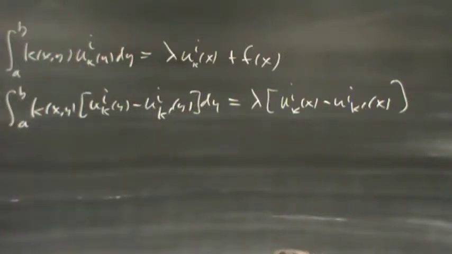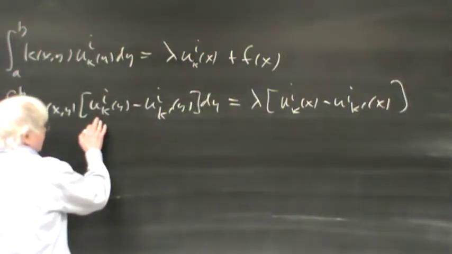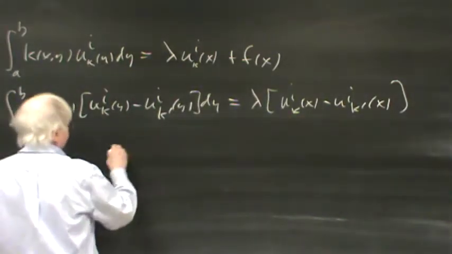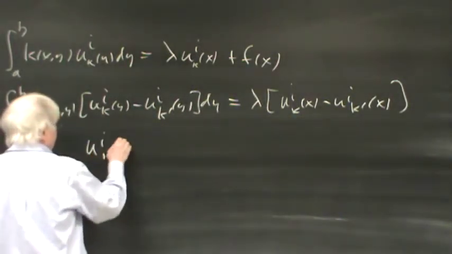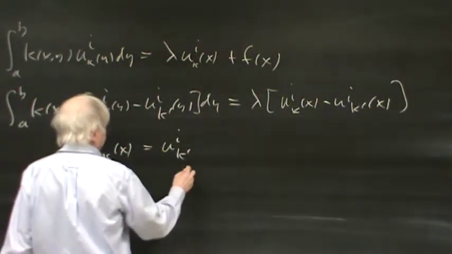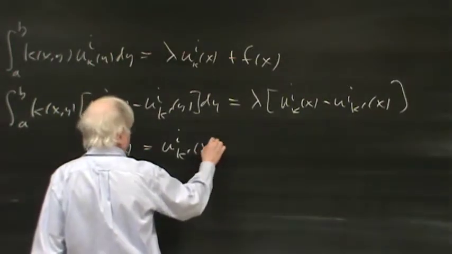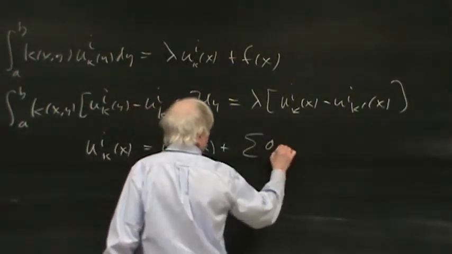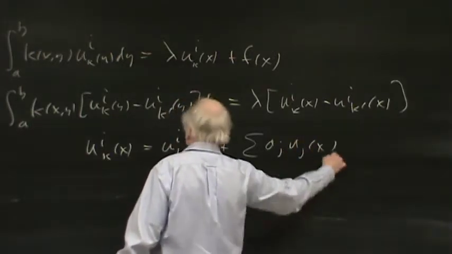The most general solution of the homogeneous equation is a linear combination of all the solutions of the homogeneous equation. And consequently, you can write ui sub k of x as ui k prime of x plus something homogeneous, so that's a sum aj uj of x.